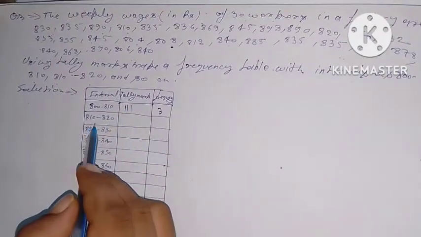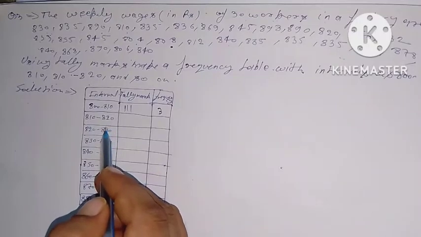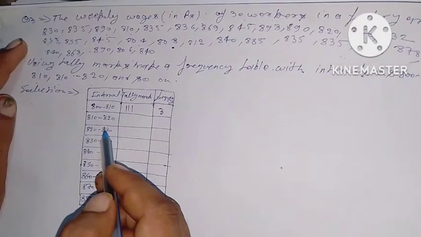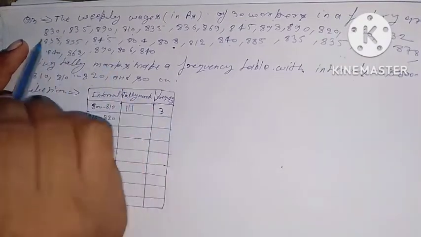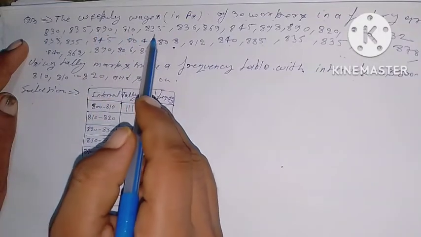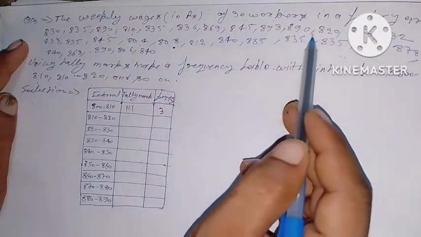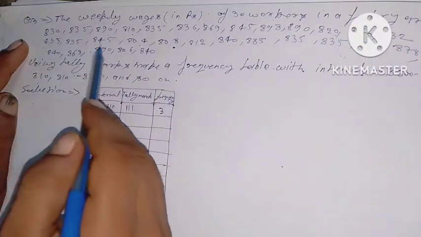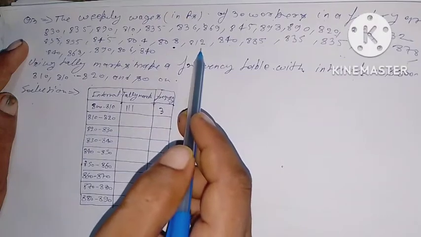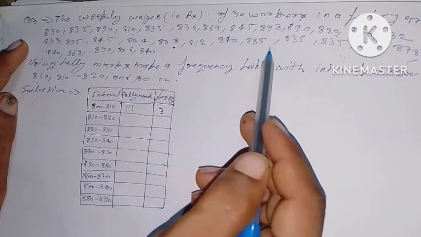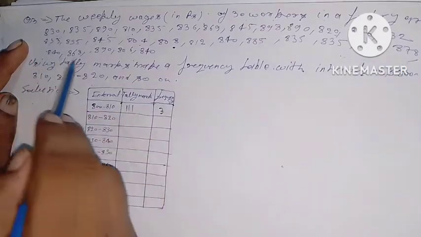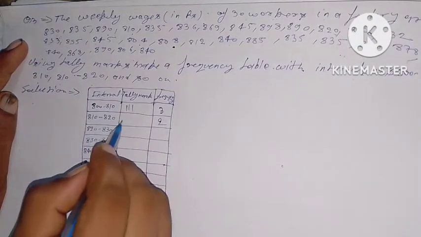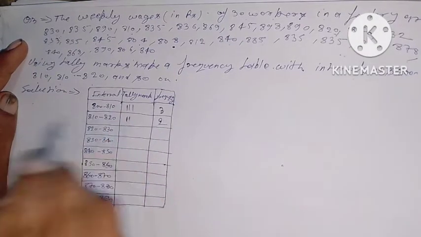Next, between 810 to 820, there are only two data. Then the tally marks are 1, 2.